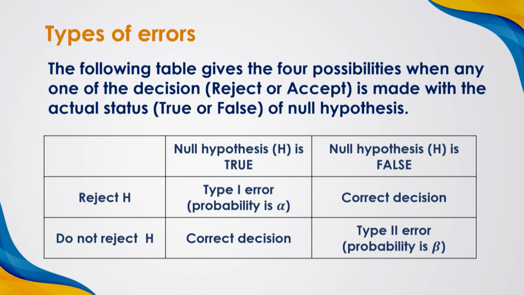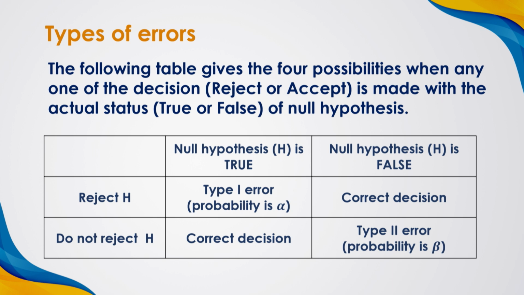Please read the table from left to right. Reject H when the null hypothesis is true, that is the first box. Second box, reject H when the null hypothesis is false. In both cases, we are making a decision.